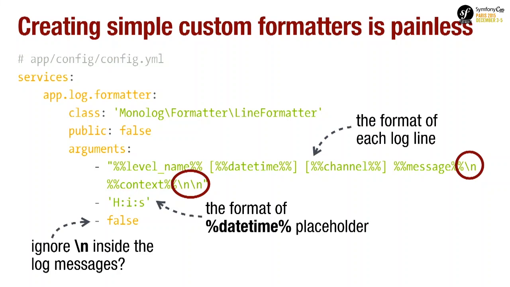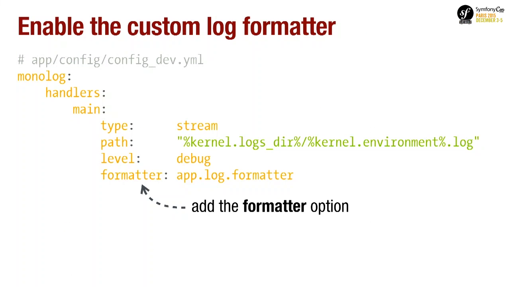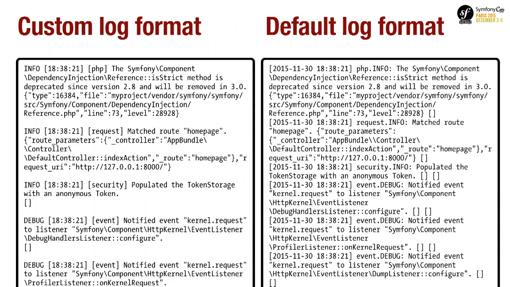And that's why this third argument is important, because by default it's true, and that means ignore those new lines. So if you set it to false, you only need to add that formatter option, and you are done. You don't have to do anything else. And you'll have this. On the right, you see the default Symfony log, which is like that.